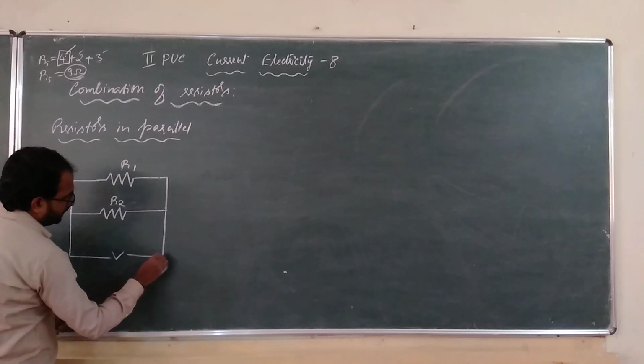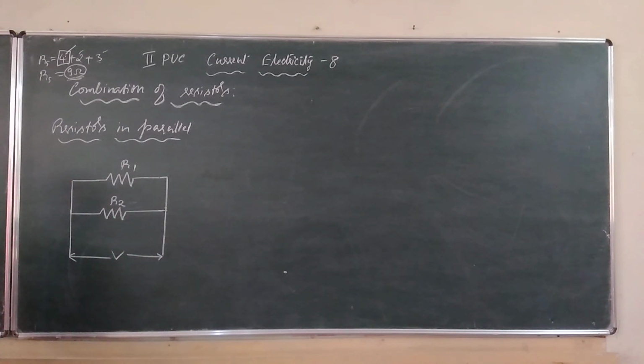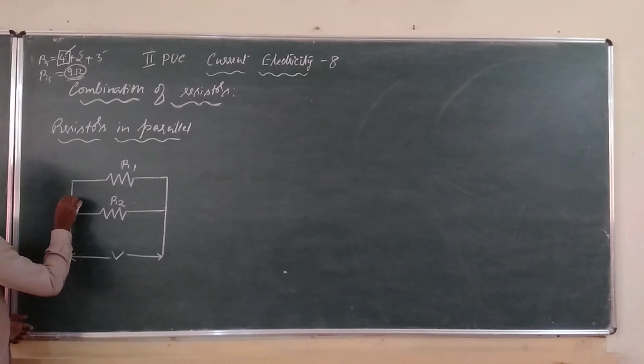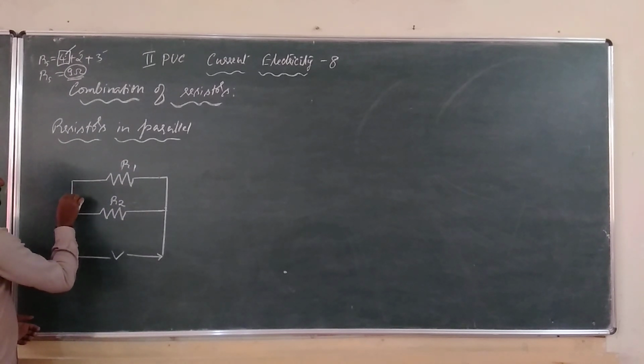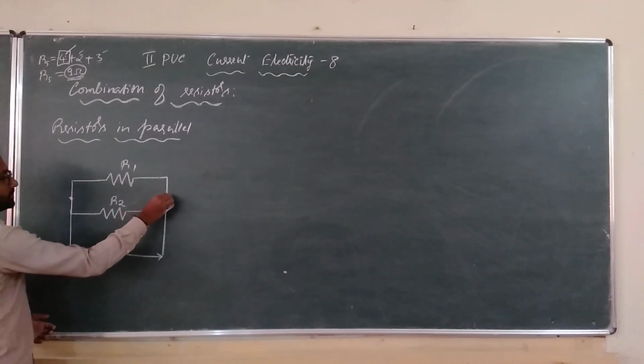So when do you say the two resistors are in parallel? Two or more resistors are said to be in parallel if their two terminals are connected to two separate common points.